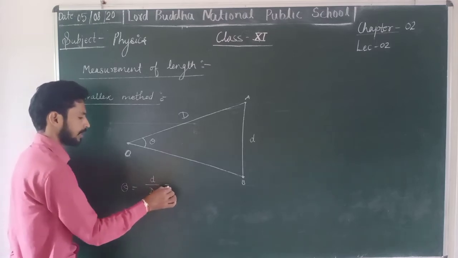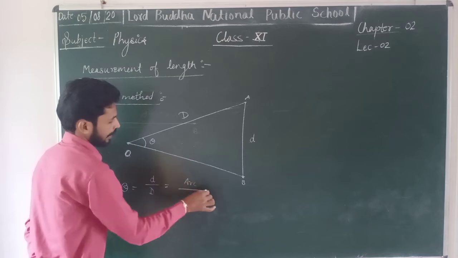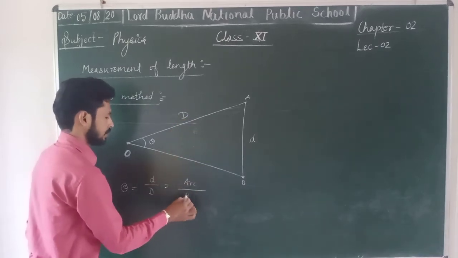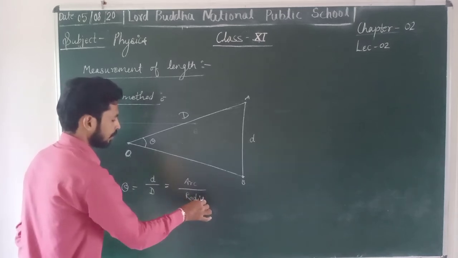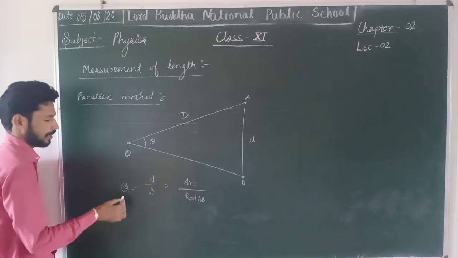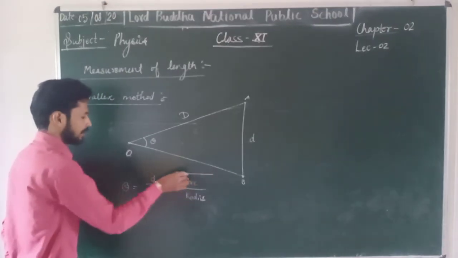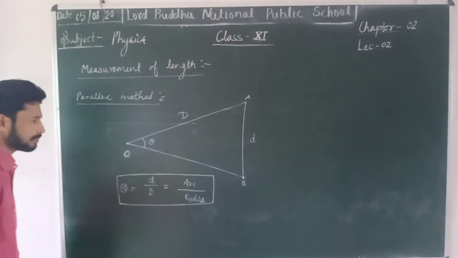Always remember that small d is the arc and D we can use like a radius. So angle equals arc upon radius, and this is known as the parallax method.